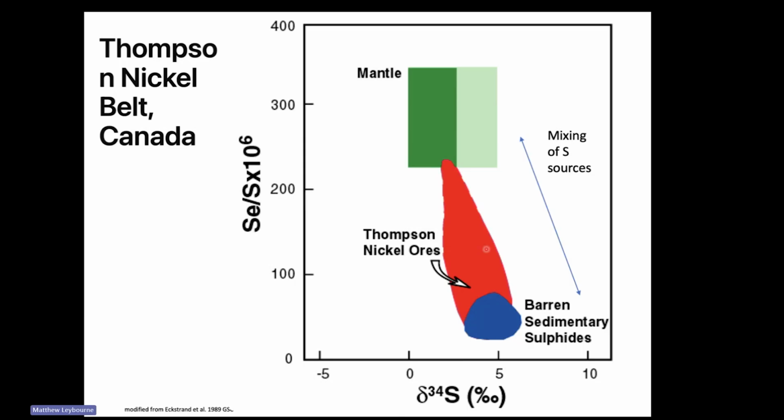The red box represents the ores, and the blue blob represents sulfur isotope values of sulfides in sedimentary rocks, so not related to ore. Basically the ores represent a mixing of mantle and sedimentary sulfur, and we can see that isotopically.